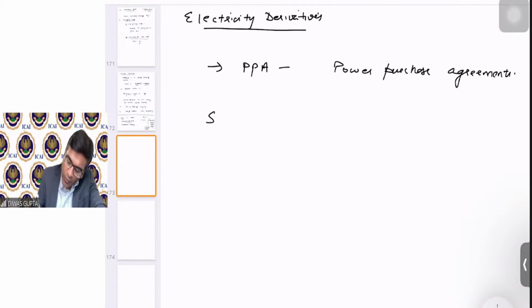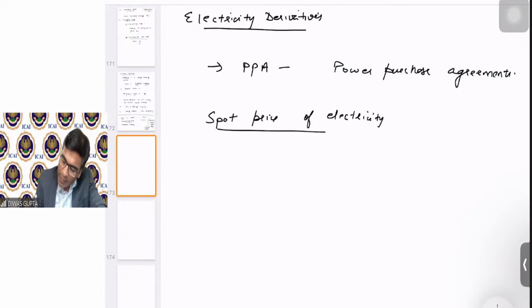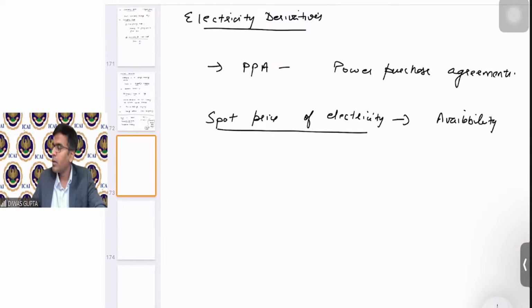So the spot price of electricity is actually dependent on a lot of things. Let's say if the electricity is produced through coal, then the availability of coal, correct?